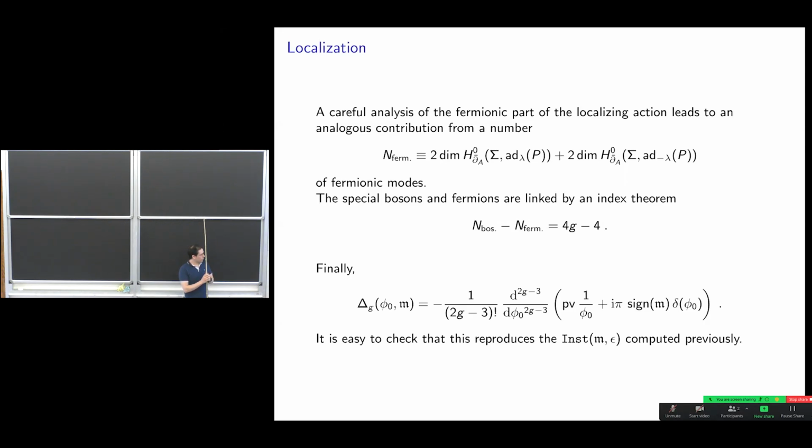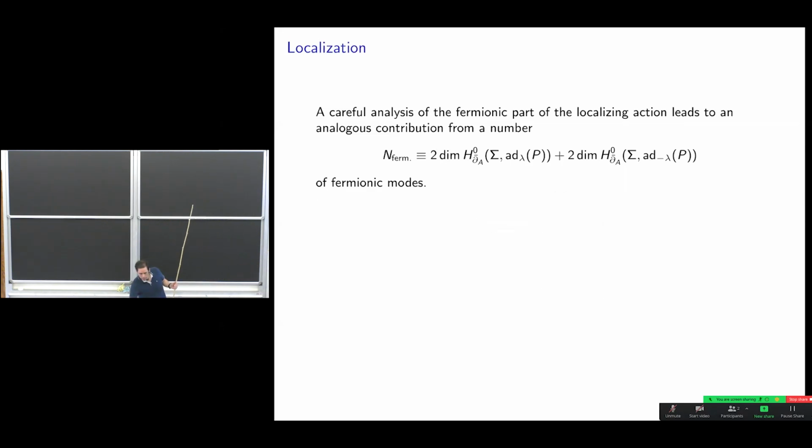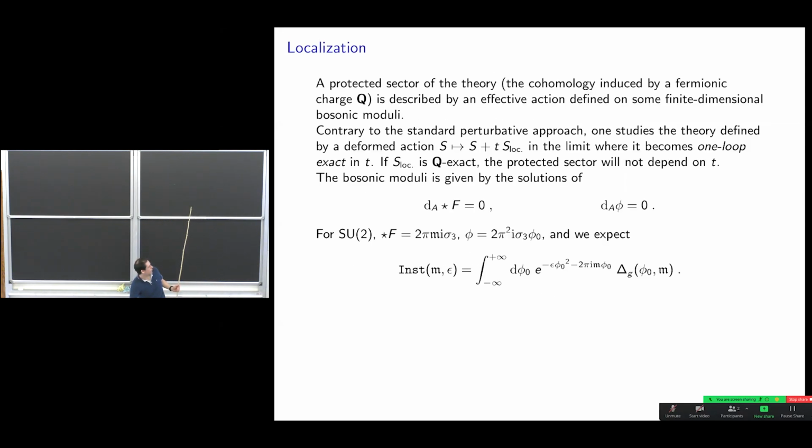But in a way you see that morally it is similar to what was obtained earlier, because if you forget about this delta, and if you forget about this principal value, by taking a certain number of derivatives of 1 over phi naught, you find precisely the power in phi naught that we had at the beginning. But this has the added benefit that you can simply plug this into the integral, and you get on the nose the result that you predicted from the Migdal formulation.